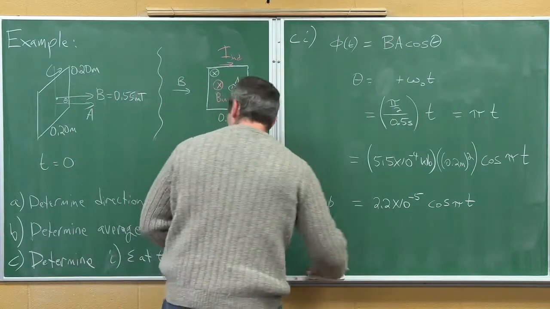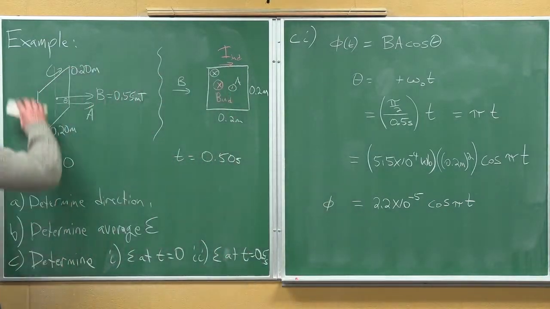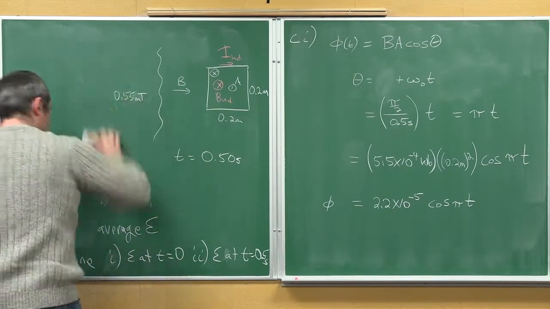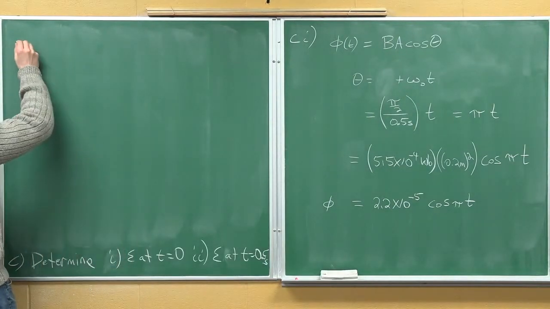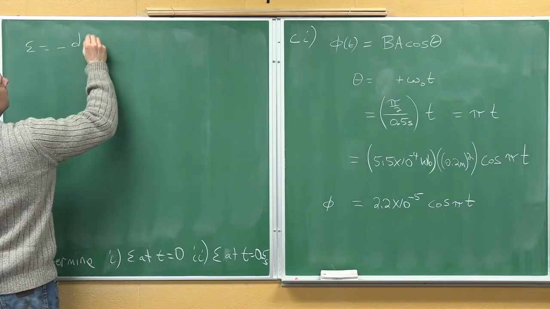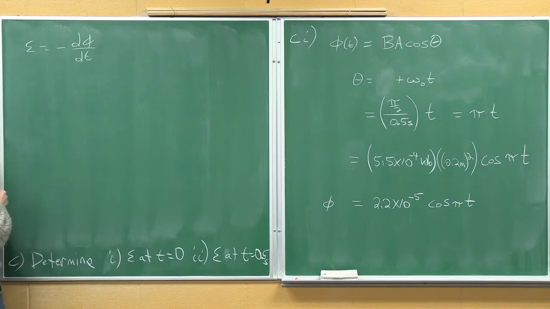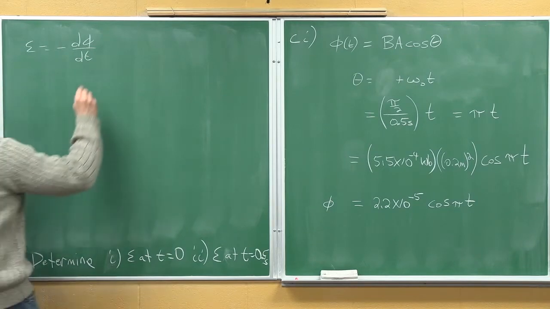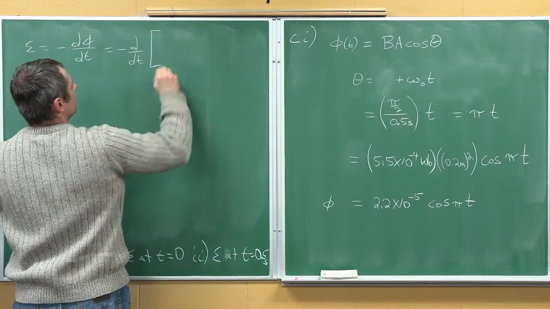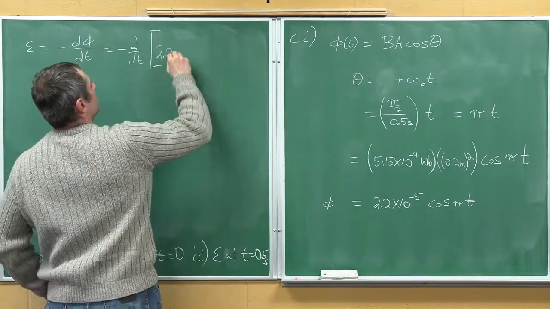So now we can move on to calculating the voltage as precise functions of time by saying that the EMF, the voltage, is the negative derivative of the flux expression.